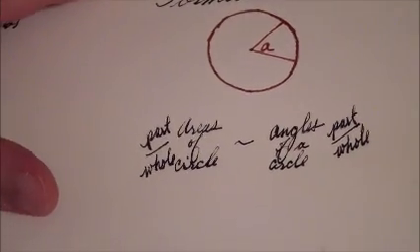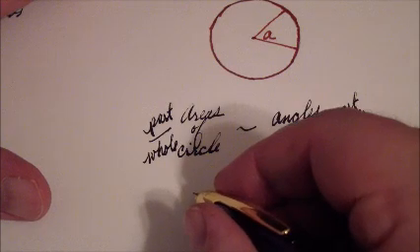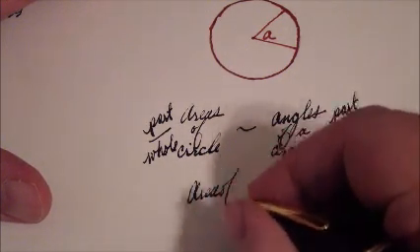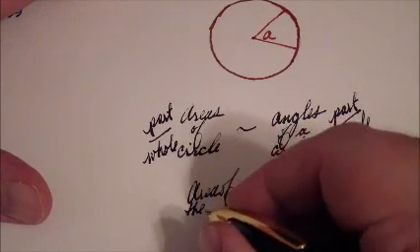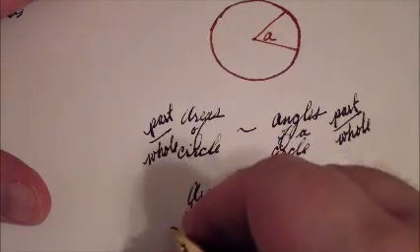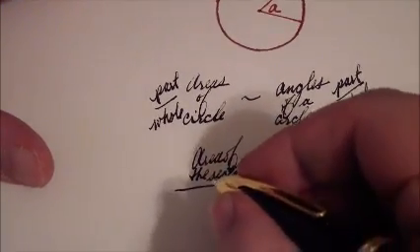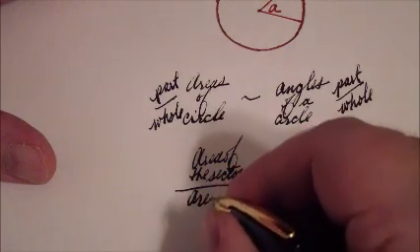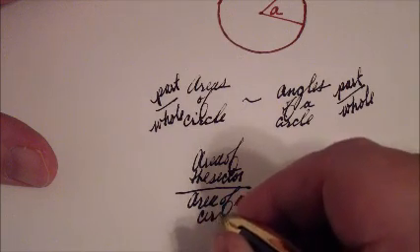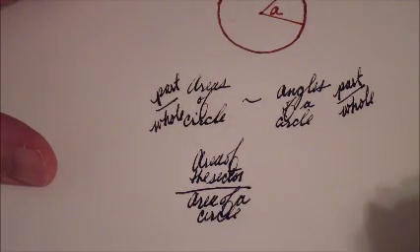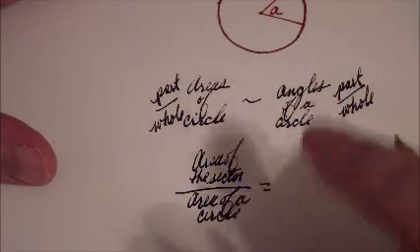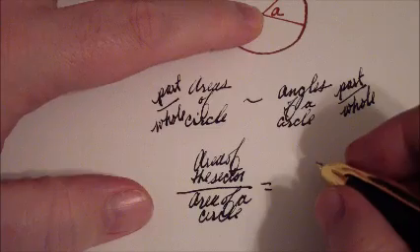Now, the part of the area that we're interested in is the area of the sector. Okay? The total area that we're looking at is the area of a circle. All right. Now, this part of the angles that we're looking at is the central angle.